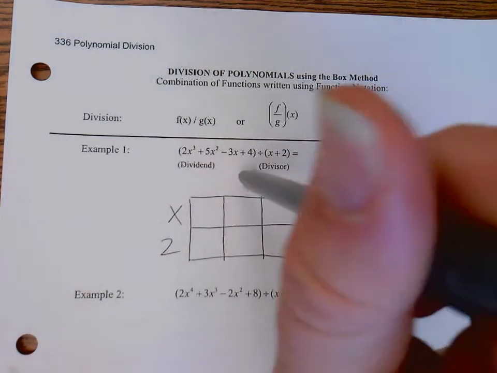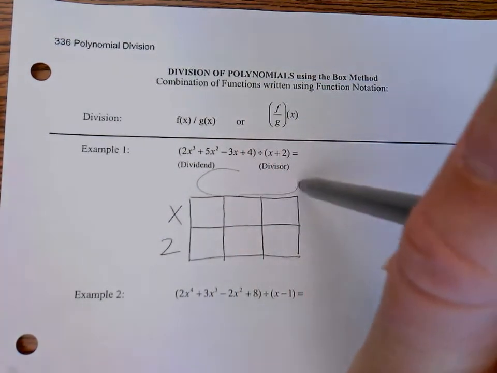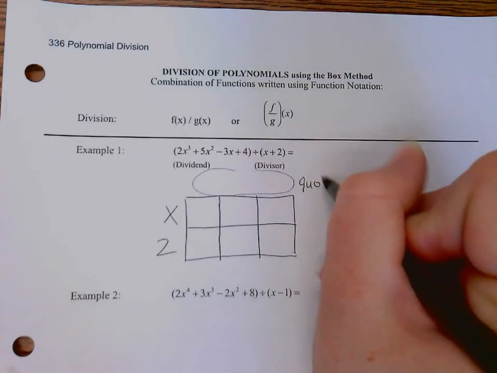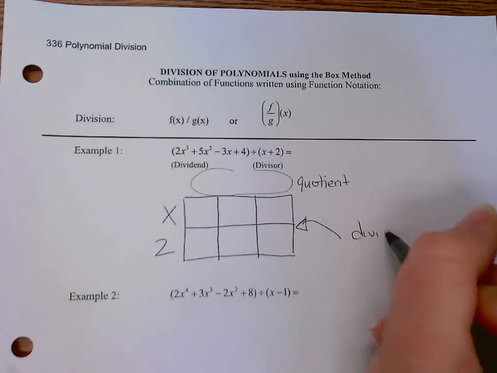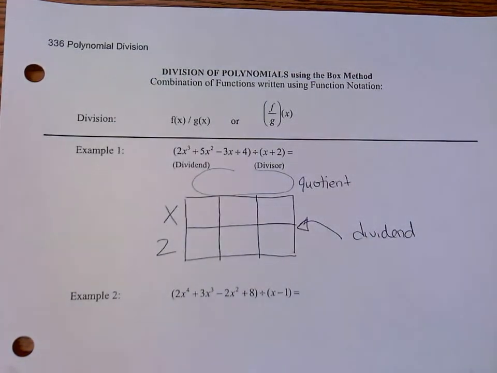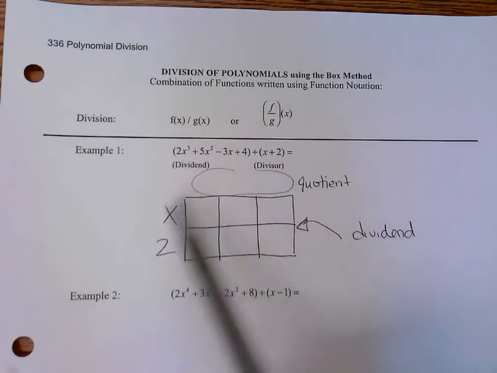My quotient is going to end up here. So this is going to be my quotient at the end. The dividend is going to end up inside the box, because the quotient times the divisor should give you back the dividend. Just like multiplication, you multiply two factors together, you get what you started with, kind of thing.